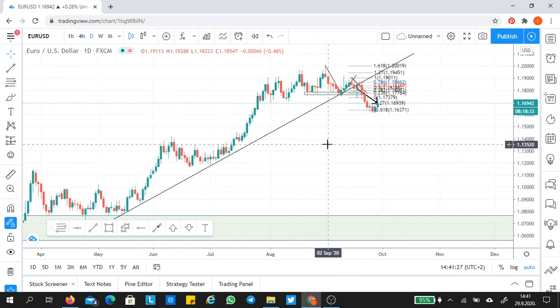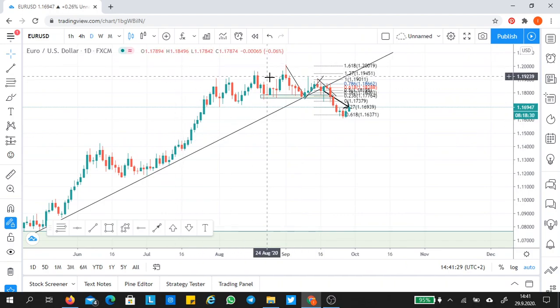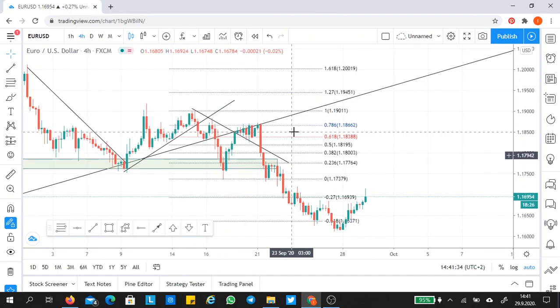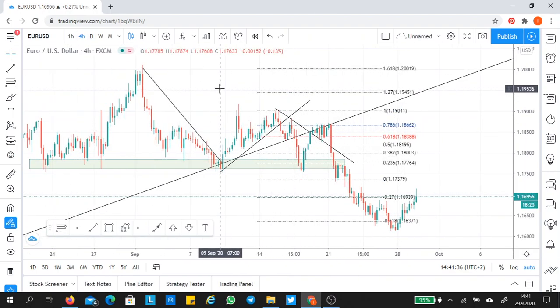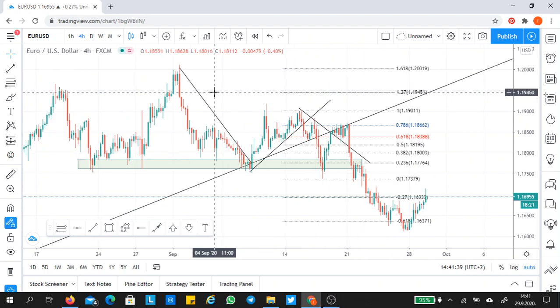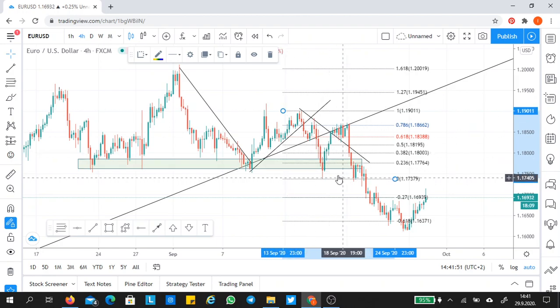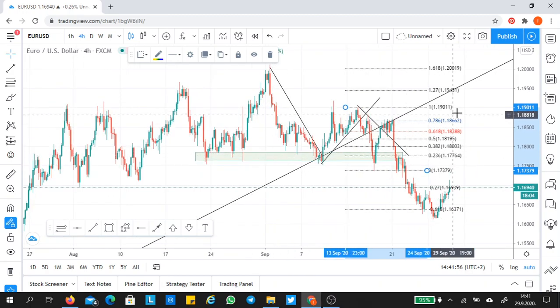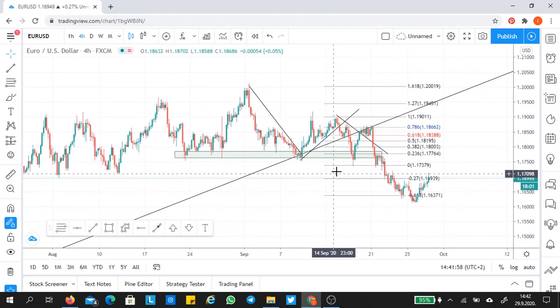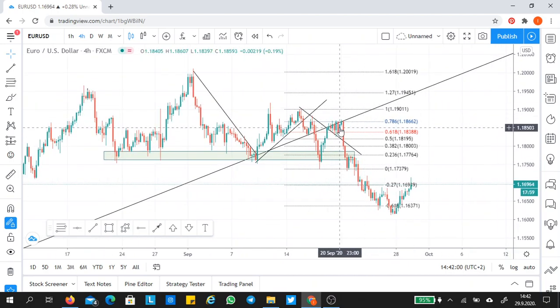On the daily time frame we have broken this upper trend line. When we look at the Fib on a smaller time frame, from last high to low, the market came to 78.60, which was also the trend line on the daily, and there was a good entry point for short.